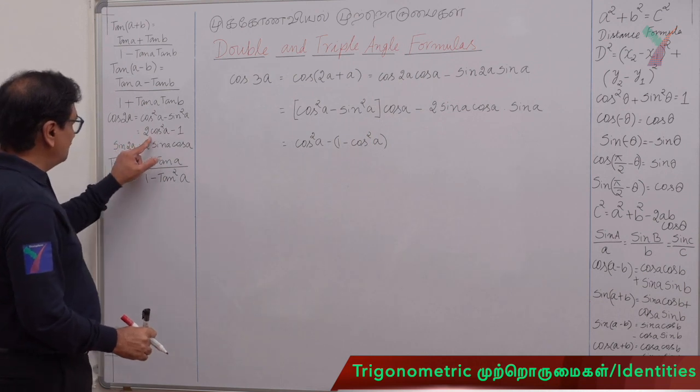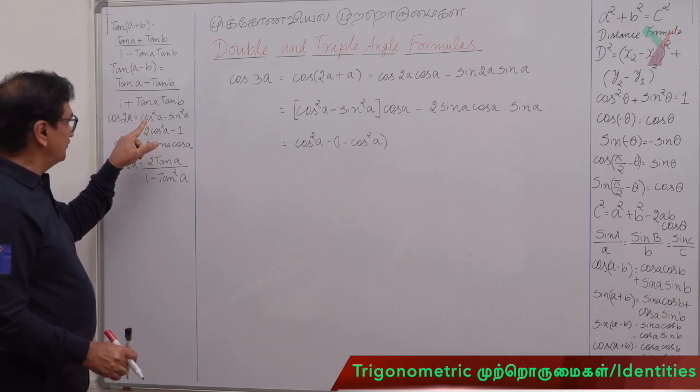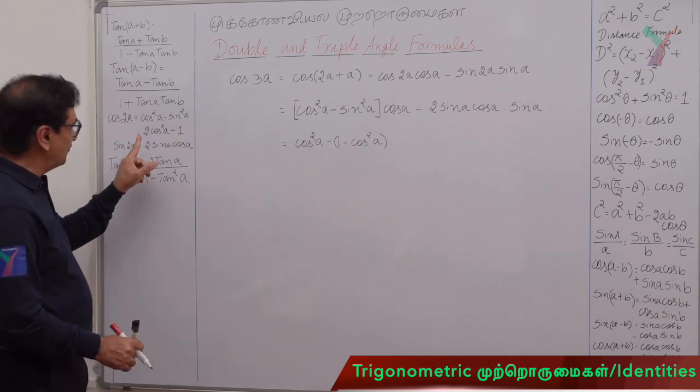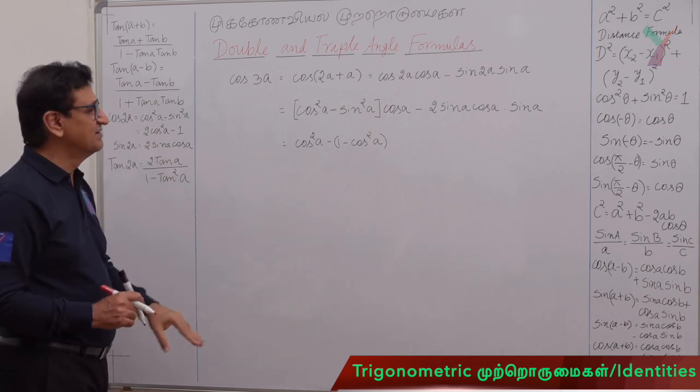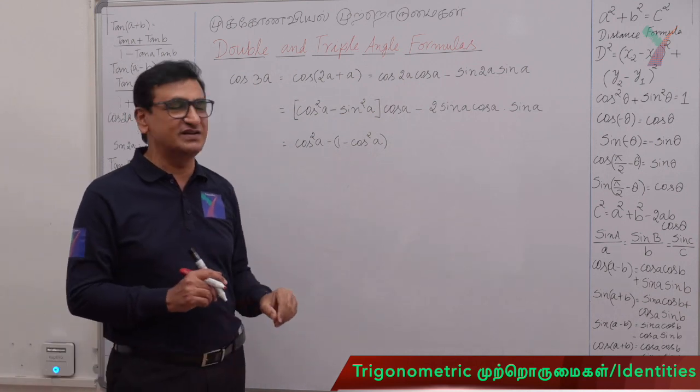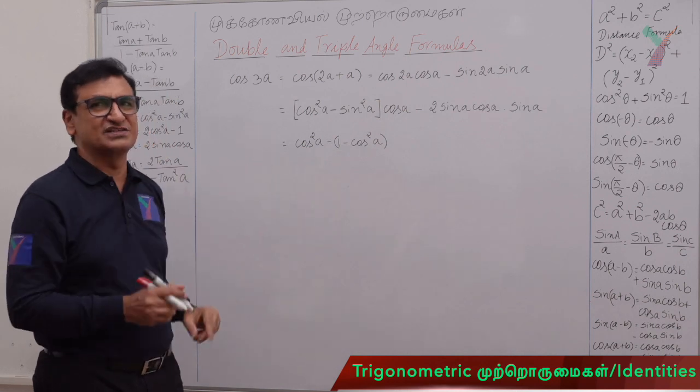Essentially, I am doing this. So instead of using cos square A minus sin square A, I could have used 2 cos square A minus 1 directly. But I just wanted to show you the difference between using different formulas, that's all.